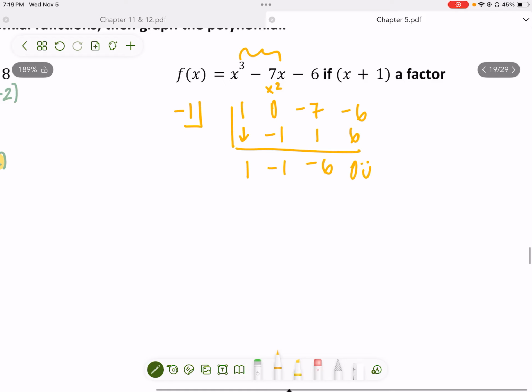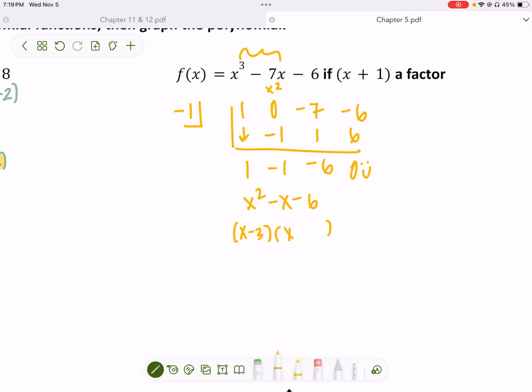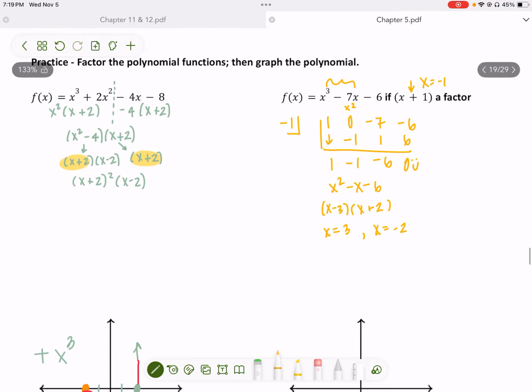Okay, so now we have x squared minus x minus 6. Definitely factorable. I'm thinking -3 plus 2. So we're going to have 3 and -2 and -1. No multiplicities here.